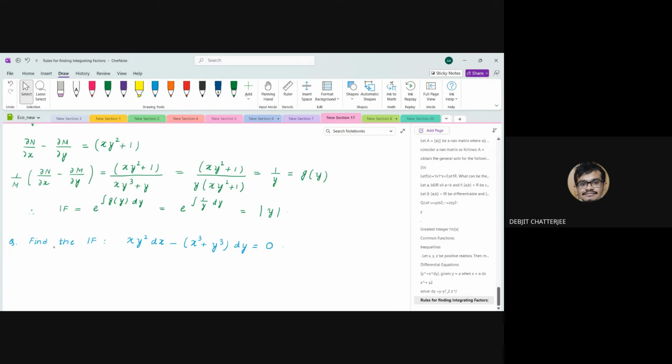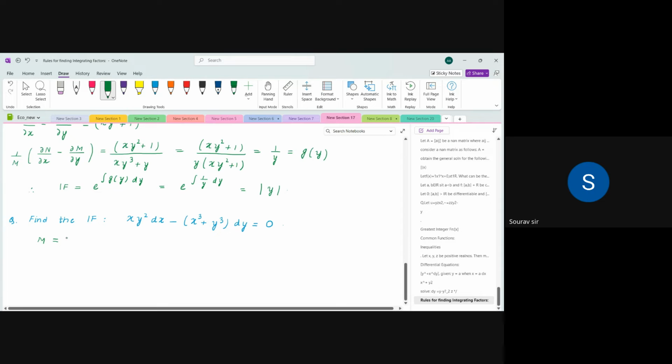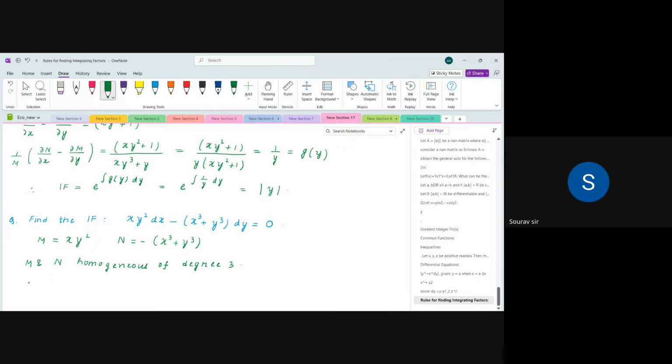So xy square minus y whole into x cube plus y cube... So M is xy square, N is minus of x cube plus y cube. So M and N are homogeneous of degree 3. That means the integrating factor will be 1 upon Mx plus Ny.